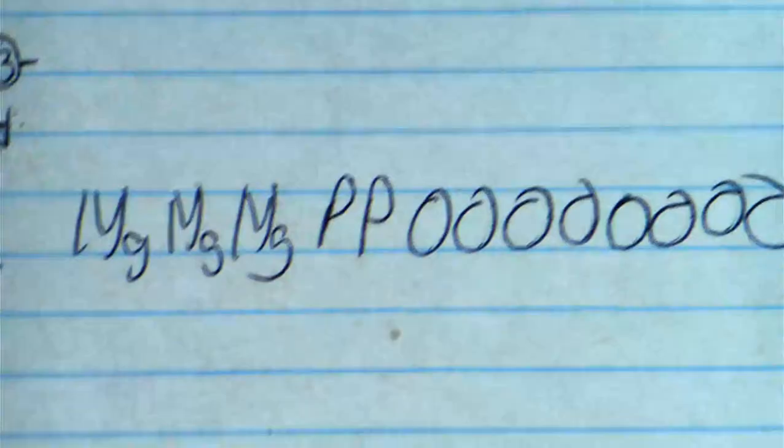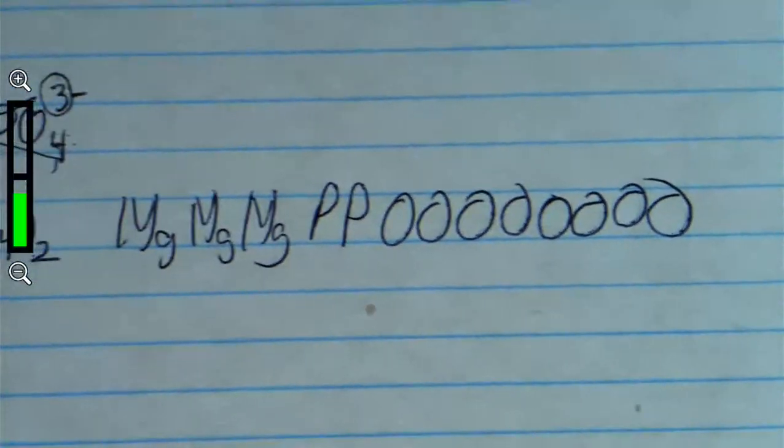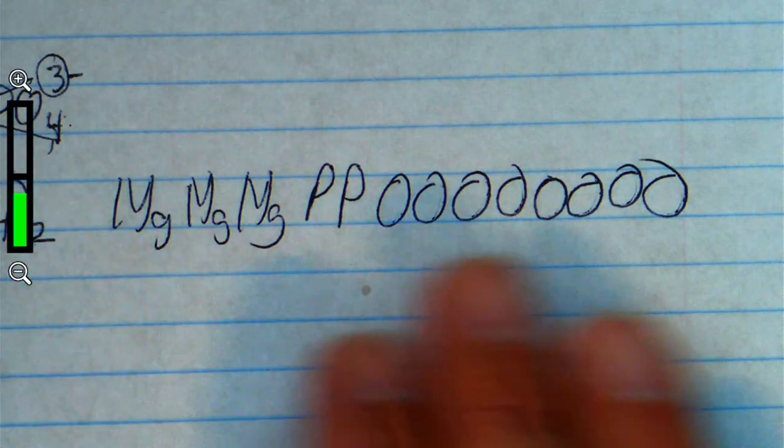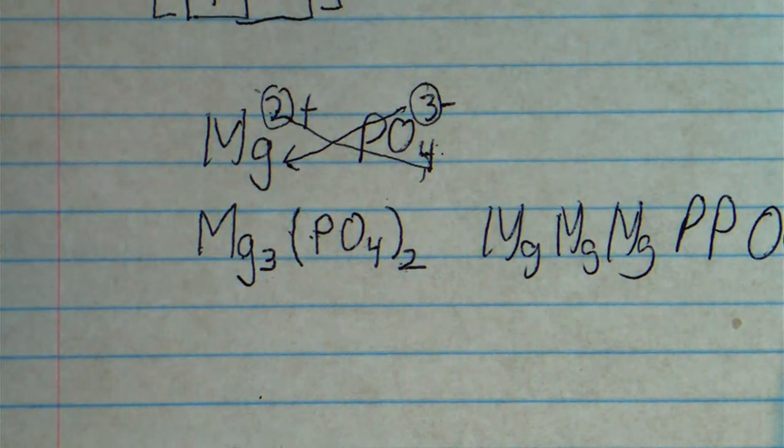So that's magnesium, magnesium, magnesium, phosphorus, phosphorus, 1, 2, 3, 4, 5, 6, 7, 8 oxygen. Woo, as Amber would say. Well, maybe not. But these are all the atoms in this one molecule of magnesium phosphate.